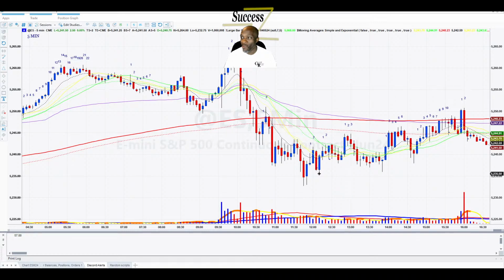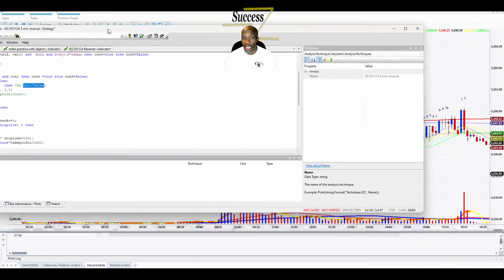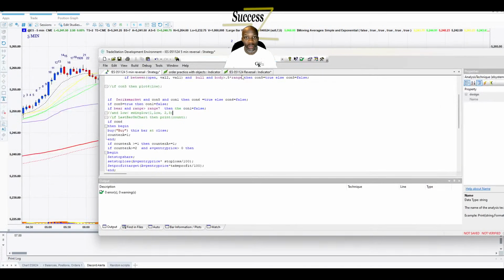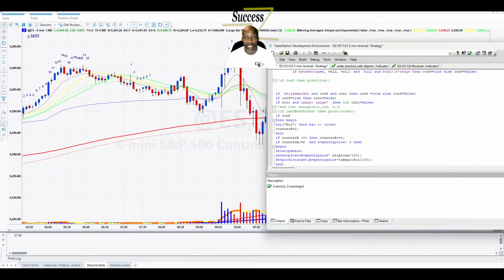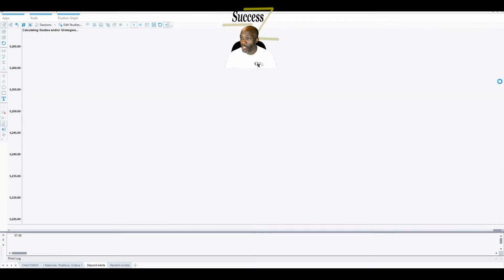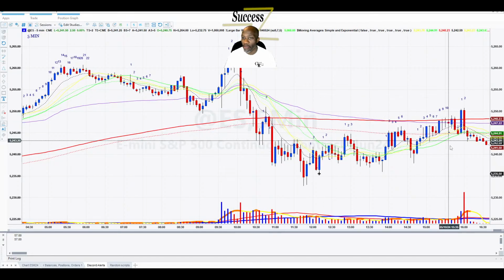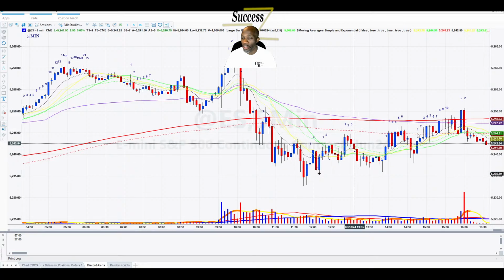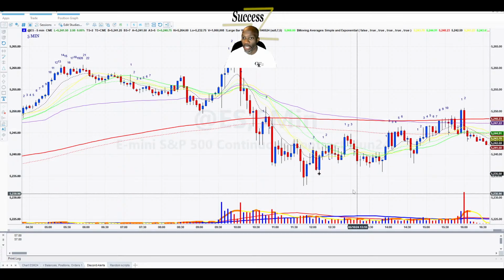I need to take that off my chart, and I need to add the indicator. Make sure the indicator is set up. I don't think I changed anything. Sometimes when you make the indicator and then you come back and you make the strategy, you change a few things along the way. I don't think I changed anything.